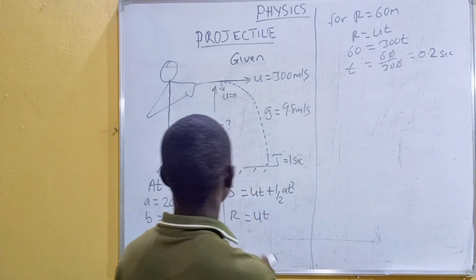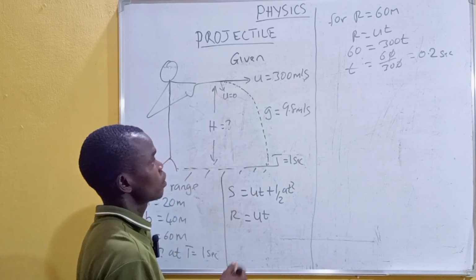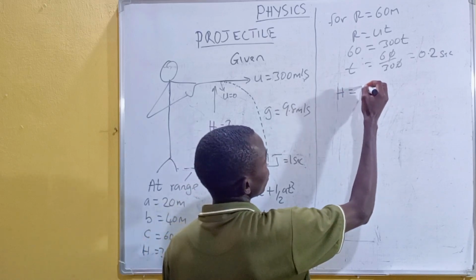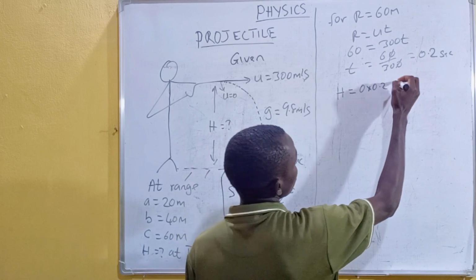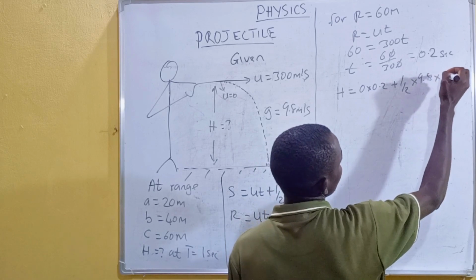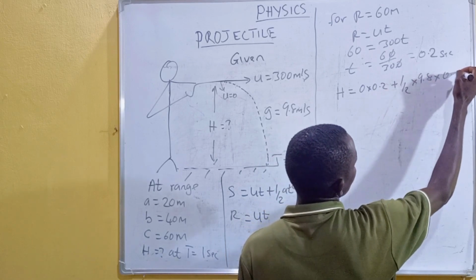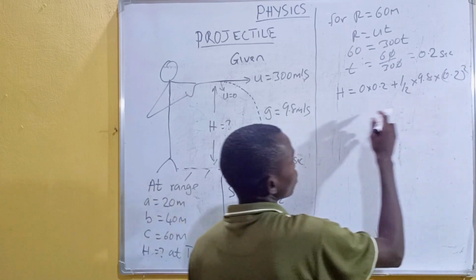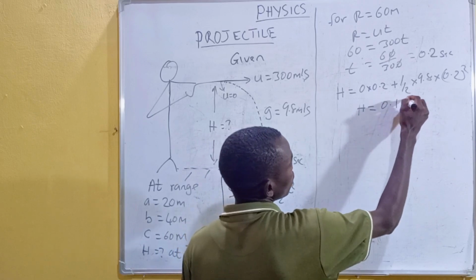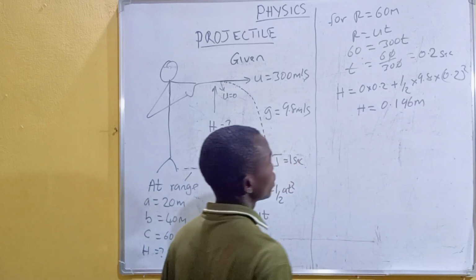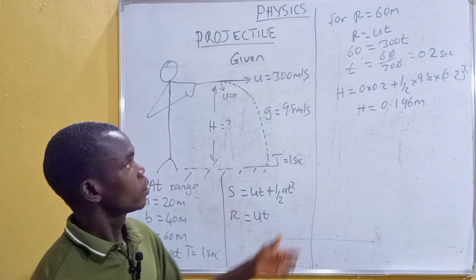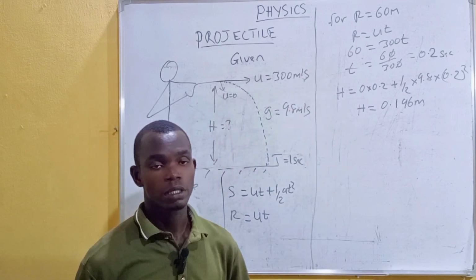With this time, we can find our height using this equation of motion. Therefore, h is equal to initial velocity 0 times 0.2 plus 1 over 2 times 9.8 times 0.2 squared. When you press your calculator, h will now be equal to 0.196 meter. So that is the height when range is 60 meters.